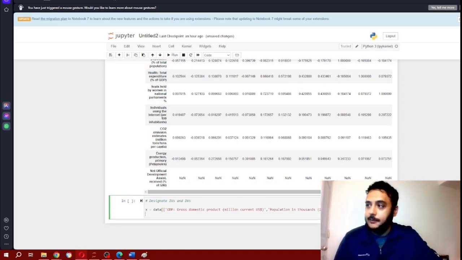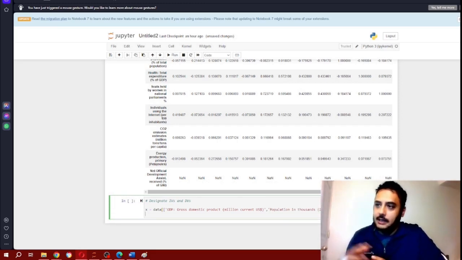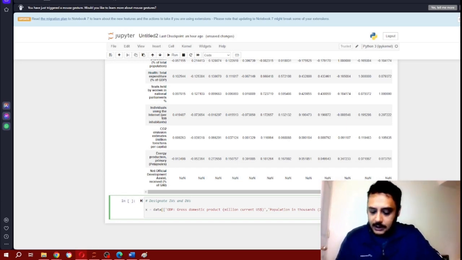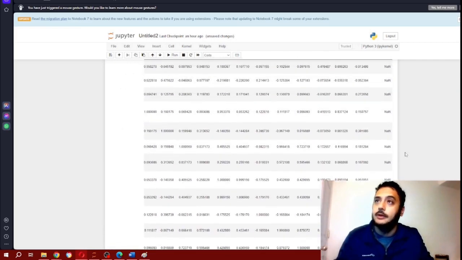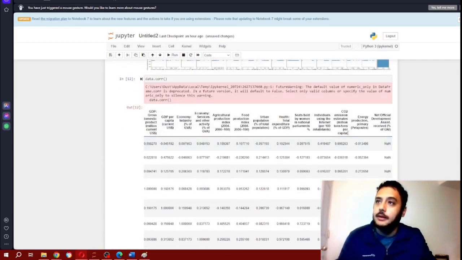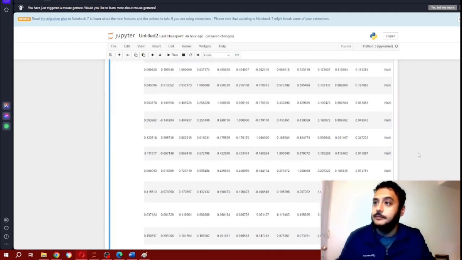So we just designated our x, or our independent variable, which is combined of two separate variables. And then we're going to designate our y, or dependent variable. Same thing, we're going to add the name of our dependent variable, which is going to be this variable right here.